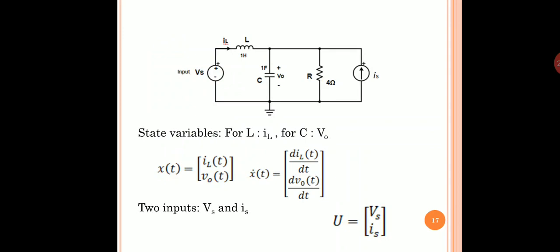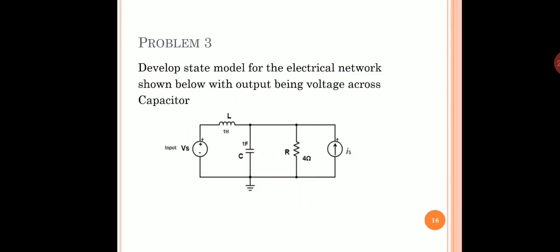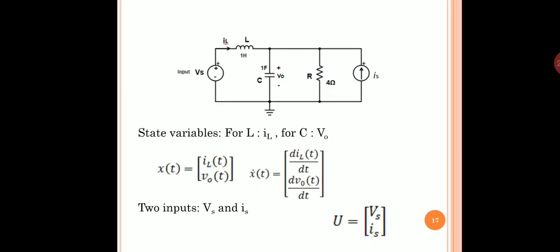In the previous case we named it as V0 and we also named it as Vc. In this case the question says output is the voltage across the capacitor. Inputs are clearly seen, Vs and Is, and they told us to consider the output as the voltage across the capacitor. So the voltage across the capacitor I named as V0 and that acts as Vc as well.